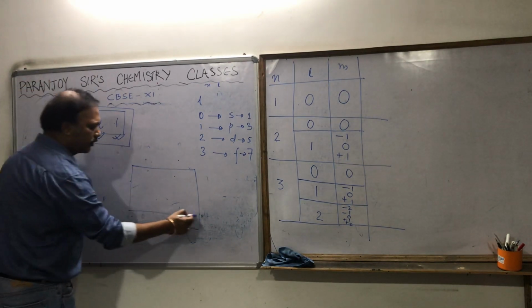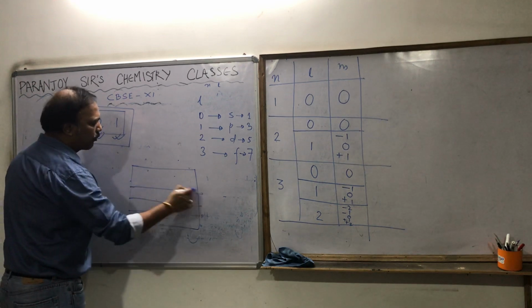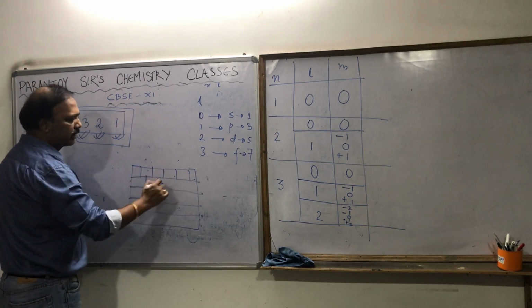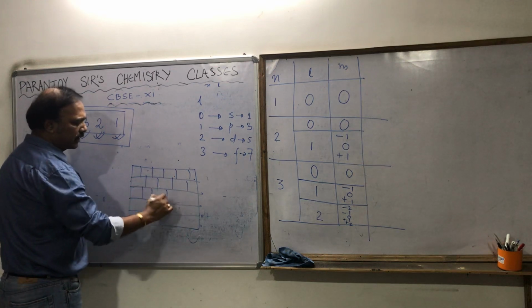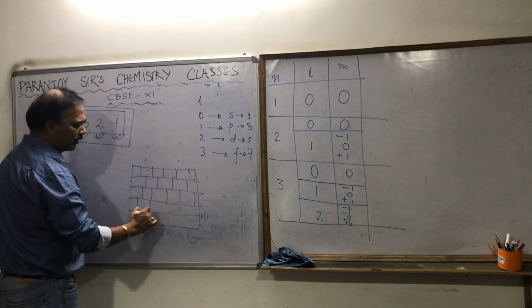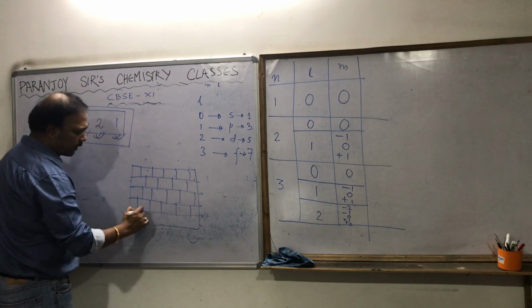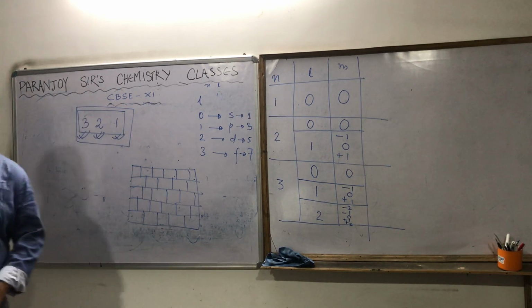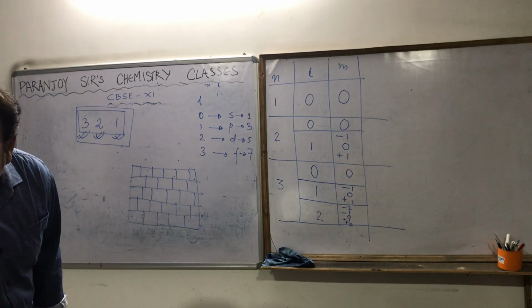There are so many floors, and so many different types of flats. कोई 2 BHK है, कोई 3 BHK है, कोई 1 BHK है, whatever. So to reach that particular person, first you have to know the floor where he is staying.